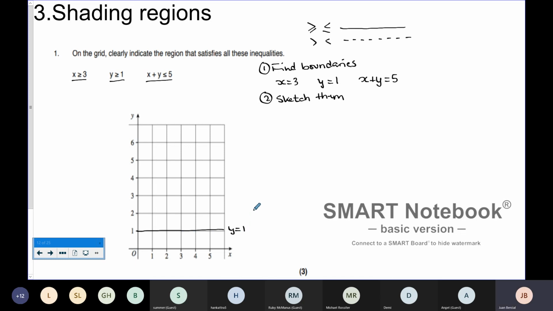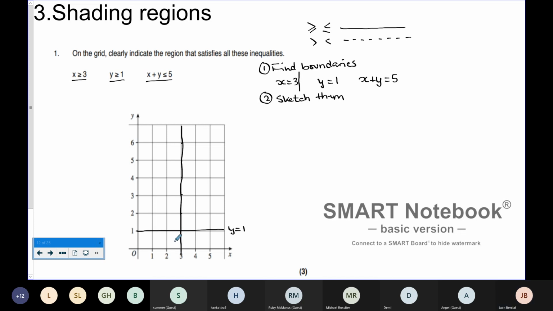It's convenient to keep track of them because we can do with lots of lines. And then x equal 3, this one is a vertical line because x is always 3. So that point is 3, x is 3, x is 3. Doesn't matter how y changes, x is always going to be 3. So we draw this vertical line like this.